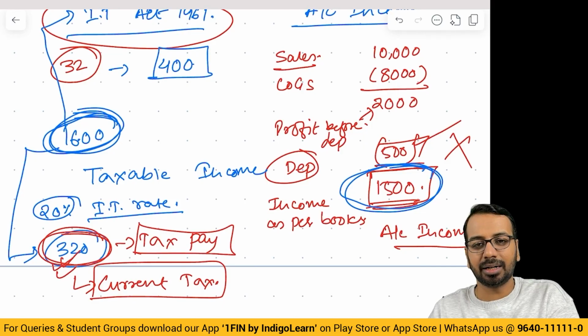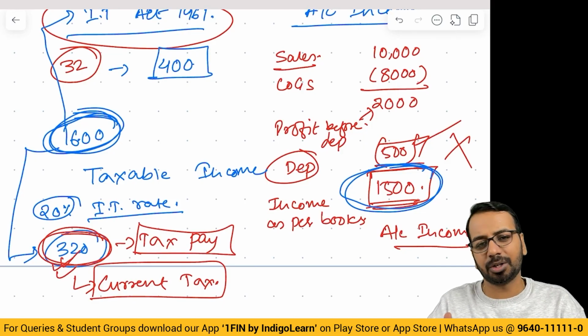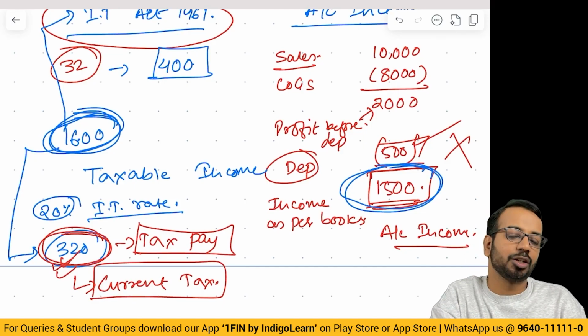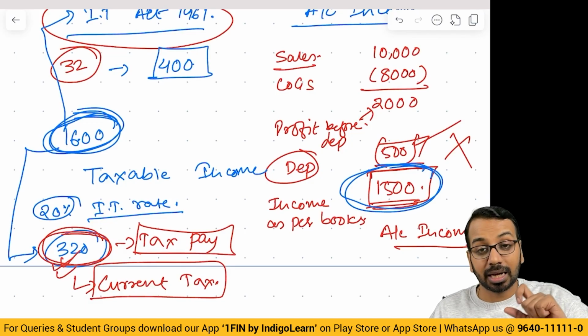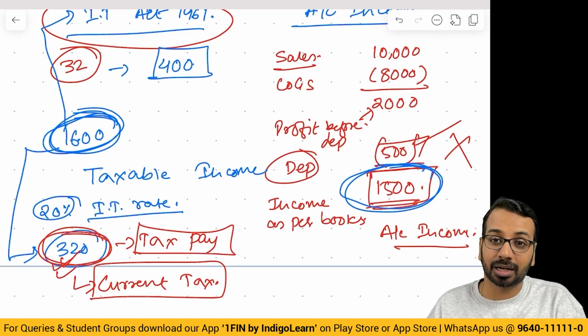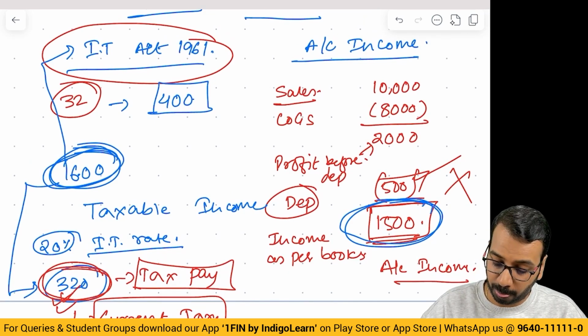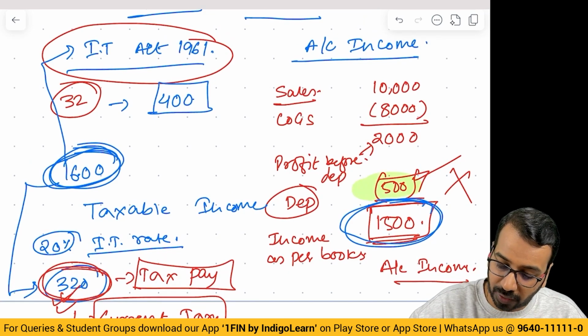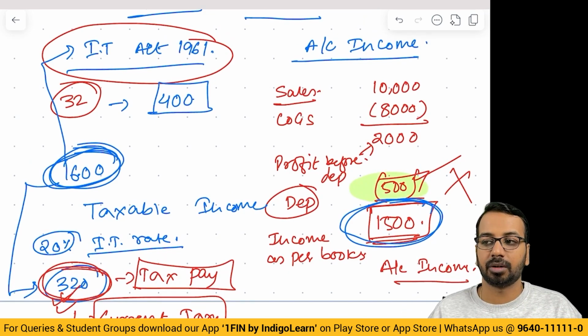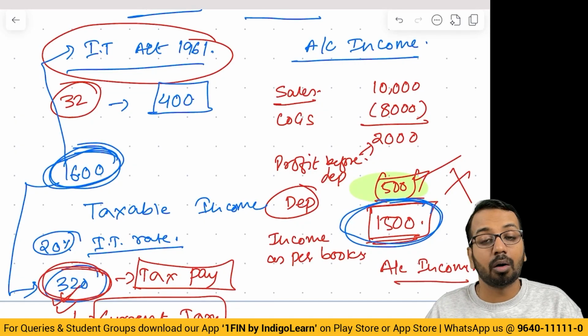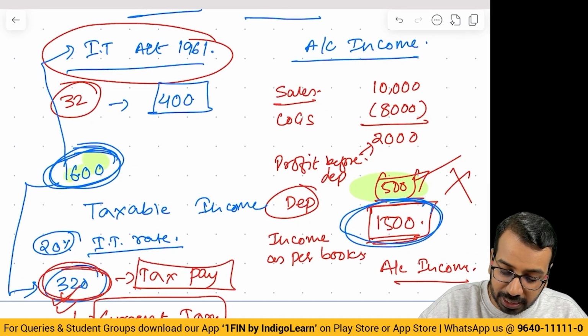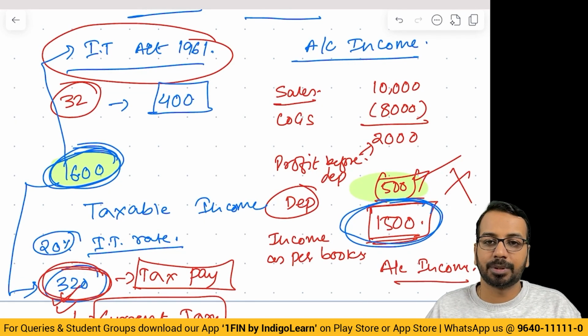Till here, the understanding is not difficult because you have been doing income taxes, so you will be able to understand this. Now, the challenge comes when the accounting standard says that you have charged 500 of depreciation here, while income tax says 600 of depreciation.